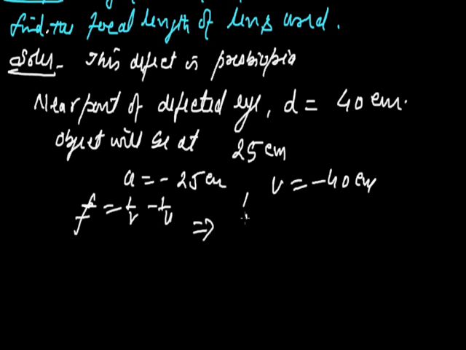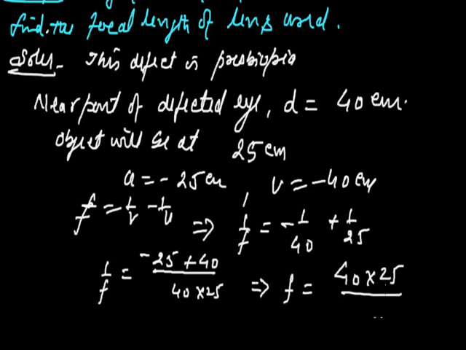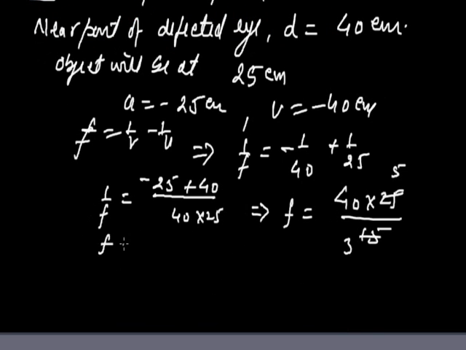It implies 1 upon f is 1 upon minus 40 plus 1 upon 25, which is (25 minus 40)... 1 upon f is (40 plus... ) so f is 40 into 25 divided by 15, means f is plus 200 upon 3 centimeter, means the lens is convex.